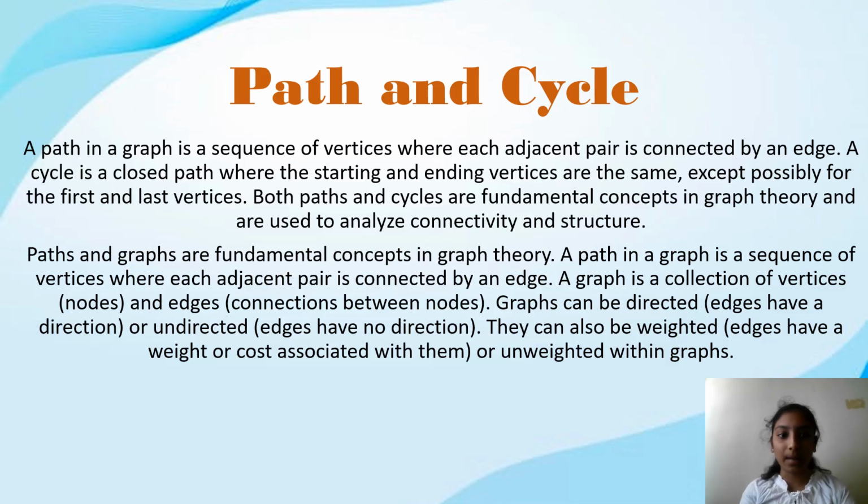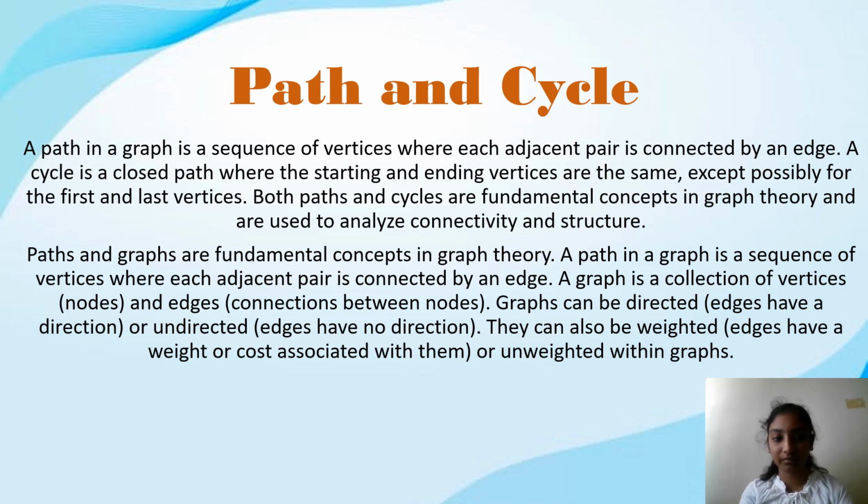Path and cycle. A path in a graph is a sequence of vertices where each adjacent pair is connected by an edge.